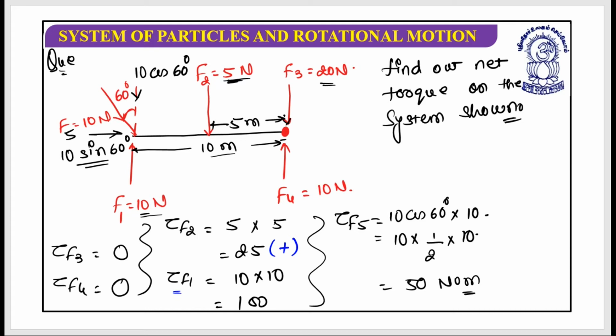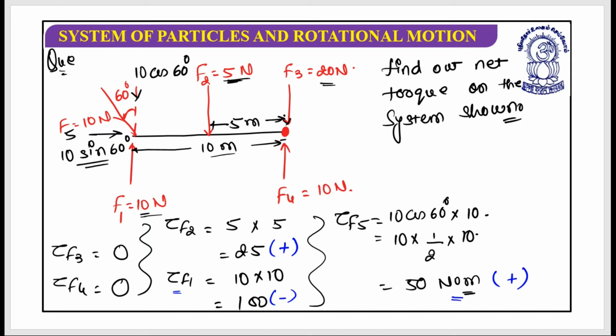This will rotate the body in clockwise direction, so I should take it negative. Now, torque due to Fy. It is going to rotate the body in anti-clockwise direction, so it should be considered positive. Is it clear?